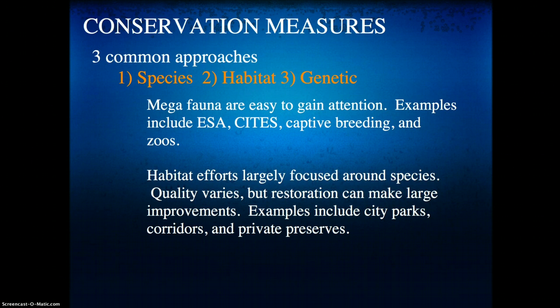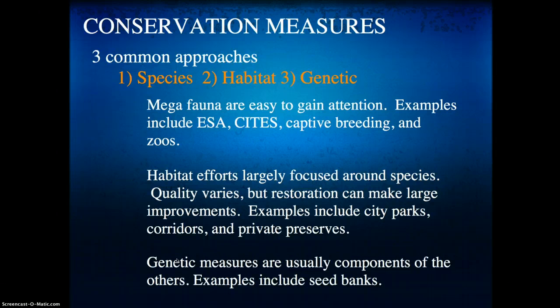What city parks do you have owned by local government? We have Tualatin River National Wildlife Refuge that's funded by federal efforts. And we have private preserves or large ranches that are kept. One thing to keep in mind, you guys, is that corridors can have a really big effect in connecting these different areas and making habitats connected, which also affects genetic diversity.